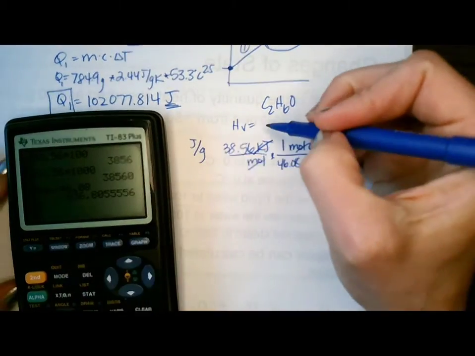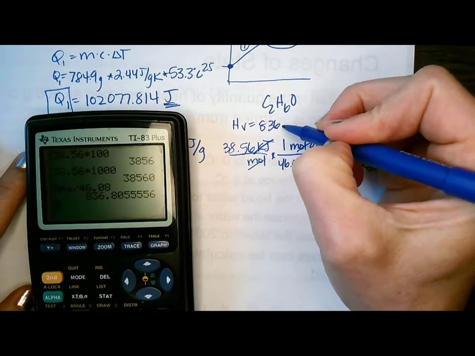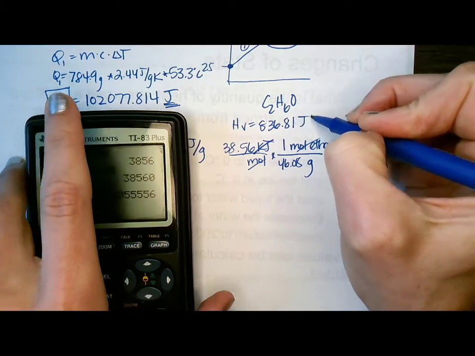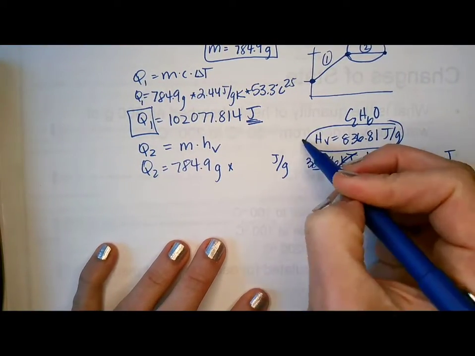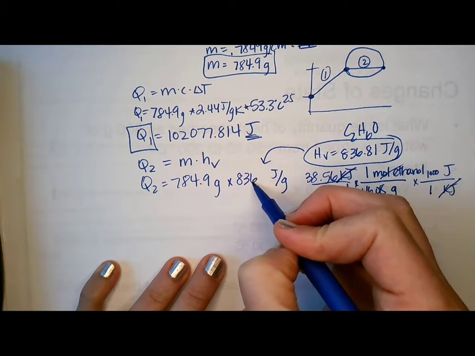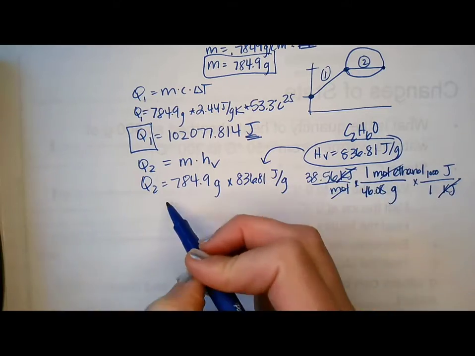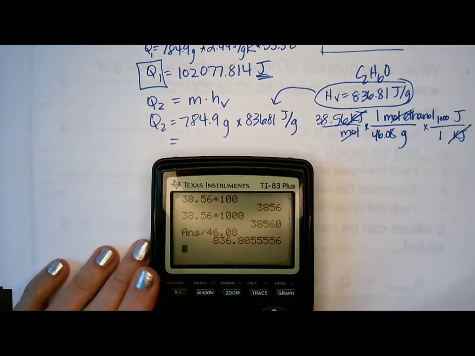So we get heat of vaporization, we're converting that into 836.81 joules per gram. We're going to plug that number into here. 836.81 joules per gram. Okay. Well, that took us a little extra work.